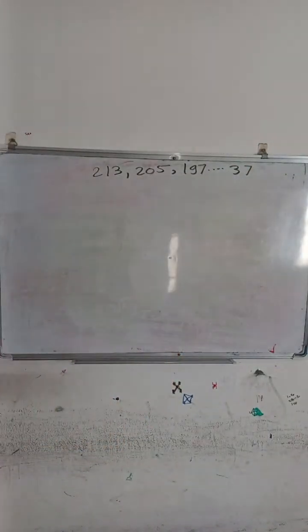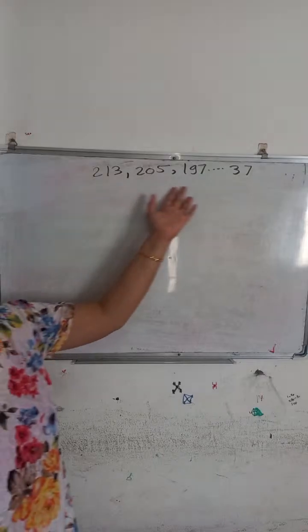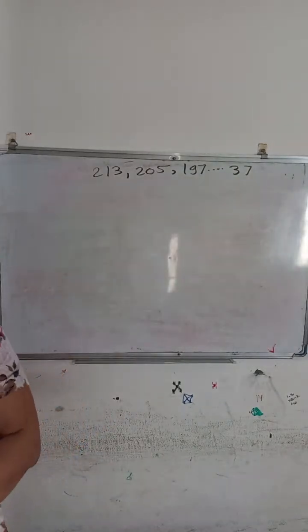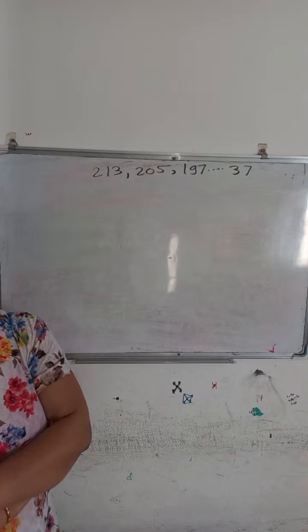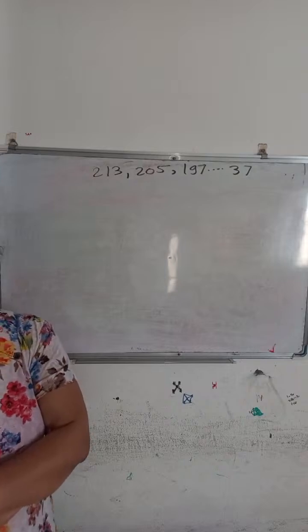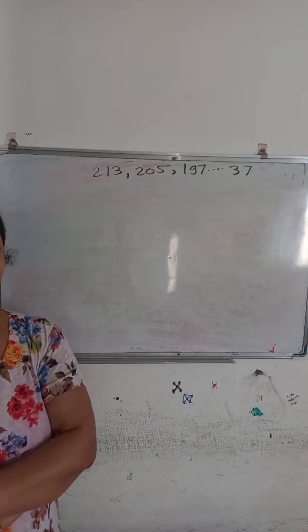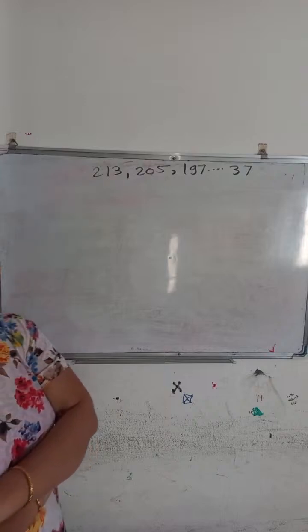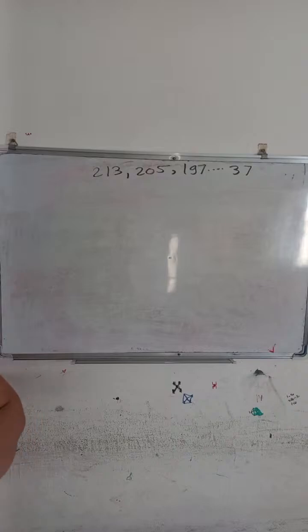Okay, so here we have to find the middle term. We never calculated a middle term. How do we find it? Here the AP ends at 37, so n terms are there, I don't know how many. Suppose I have a total of 11 numbers, then the mid value we can calculate by cutting one from the right and one from the left, and whatever term remains is the middle value.